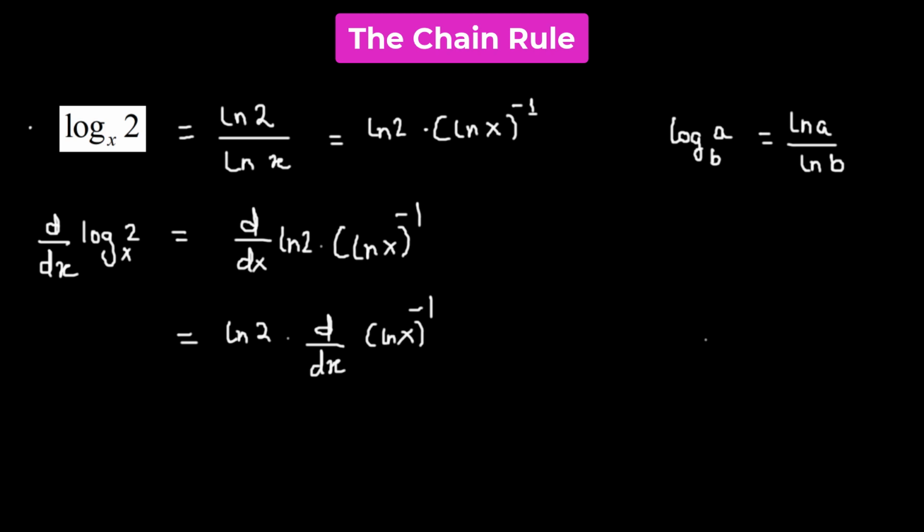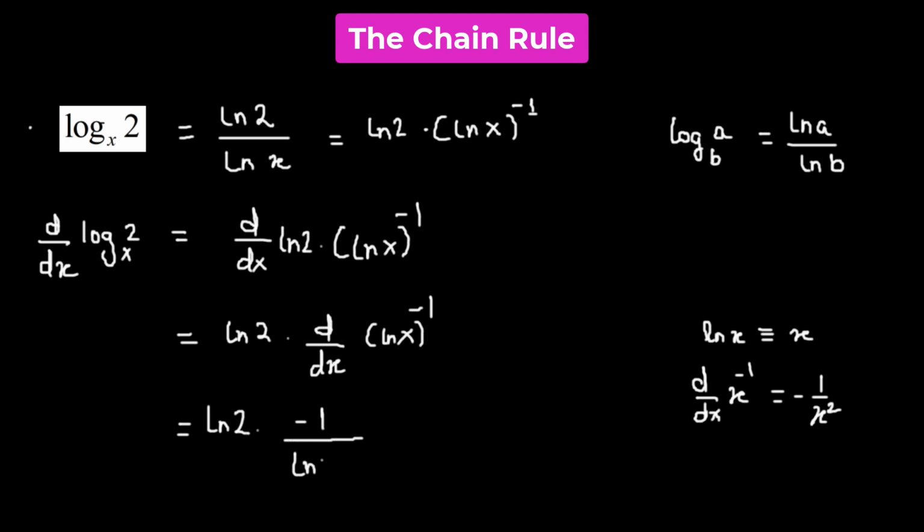Now here we are going to make an assumption that if log of x were equivalent to x, then we have the derivative of x raised to the power of negative 1. Now if we apply the power rule, then we should get negative 1 over x squared. So that means we have log of 2 multiplied by -1 divided by log of x whole squared.